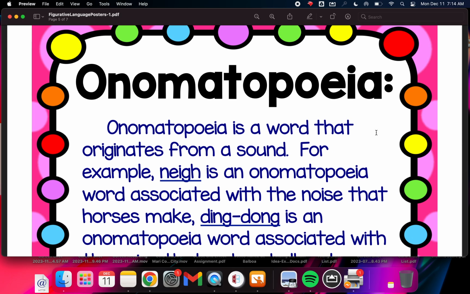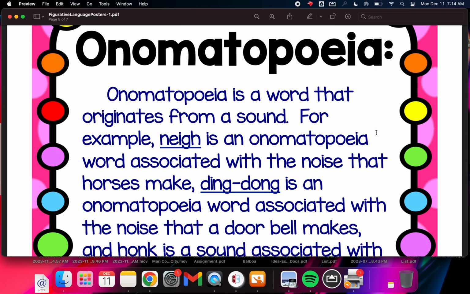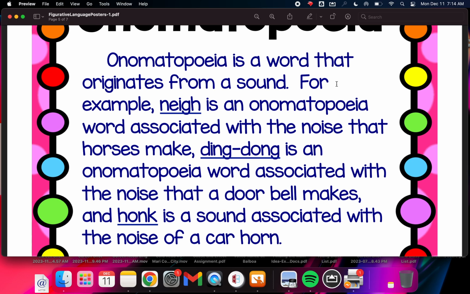So another one is onomatopoeia, which I love. This one's super fun. It's a word that originates from a sound. So that's what I would write in your notes: onomatopoeia is a word that originates from sound. And here are lots of examples. For example, neigh is an onomatopoeia word associated with the noise that a horse makes. So it's a word that almost sounds like the actual sound that it's describing.